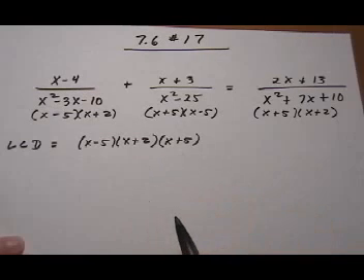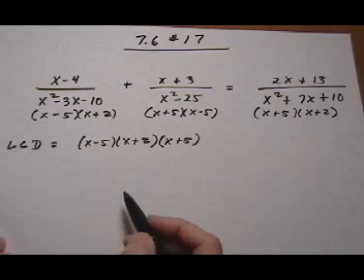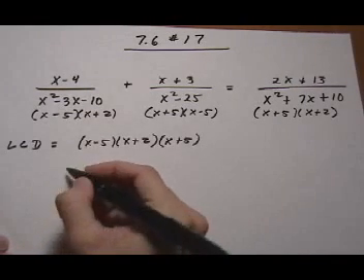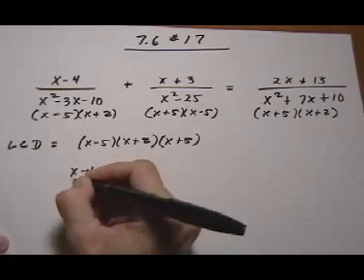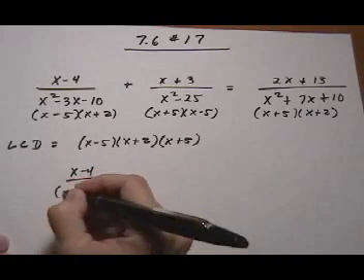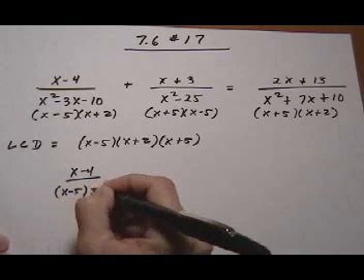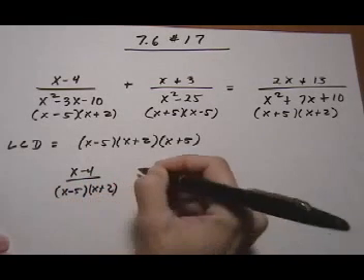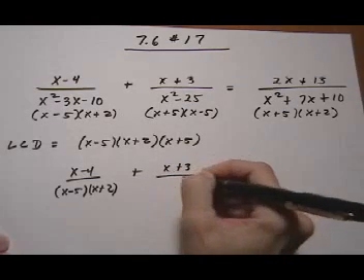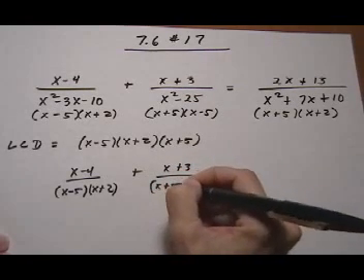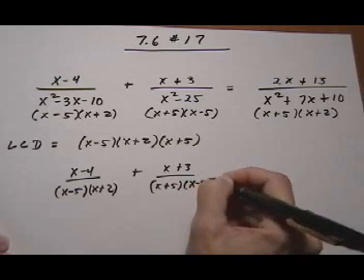So there's the LCD. Now we're going to multiply both sides of the equation by the LCD. So let's rewrite the equation, and I'm going to try to condense it a bit and write it smaller so I have room to write everything. So the first fraction, second fraction, and I'm going to keep the denominators in their factored form.